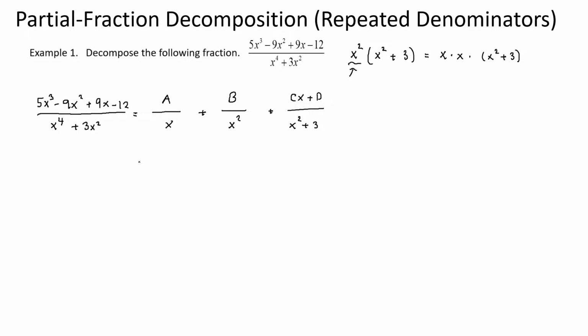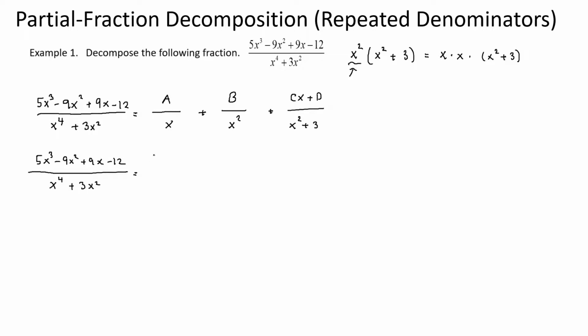Now we're going to solve out the right side of the equation by finding the common denominator and simplifying. So 5x to the third minus 9x squared plus 9x minus 12 all over x to the fourth plus 3x squared on the left side.